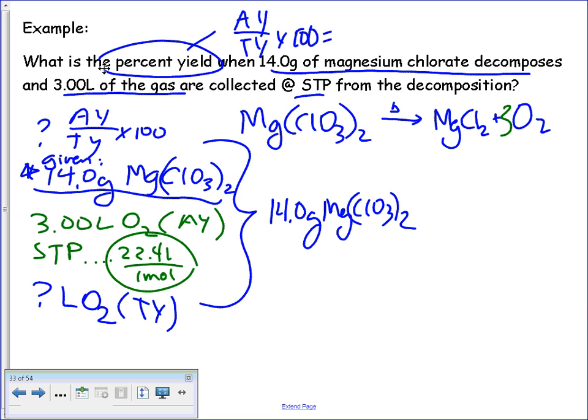Okay, so if I'm starting with grams of chlorate, what do I need to do? You're right, there's only one thing to do. You need to go to moles. So what's that molar mass? Calculators out, at least?